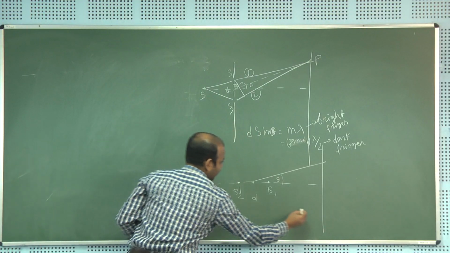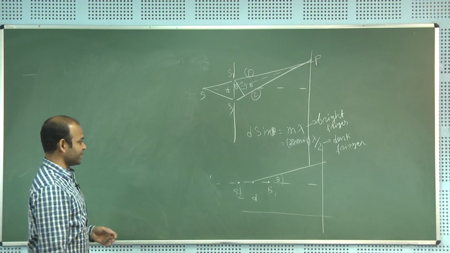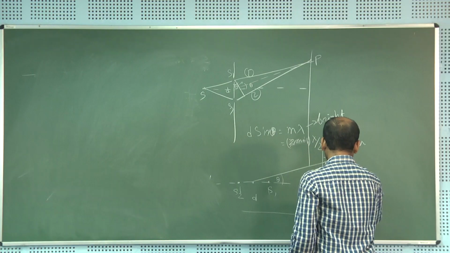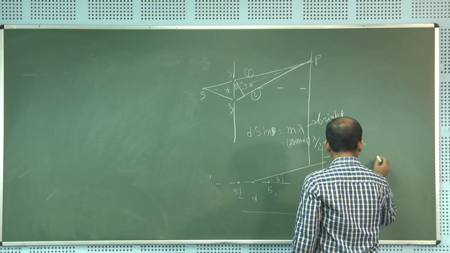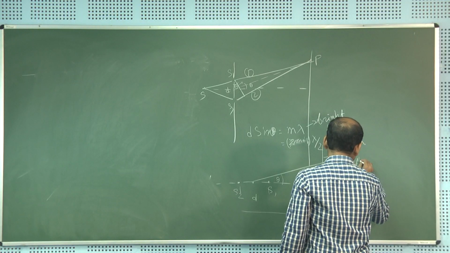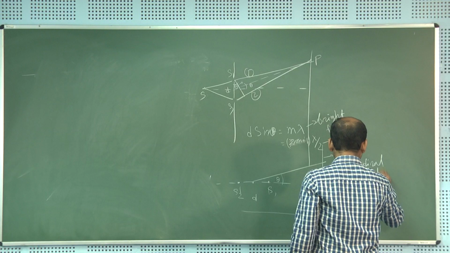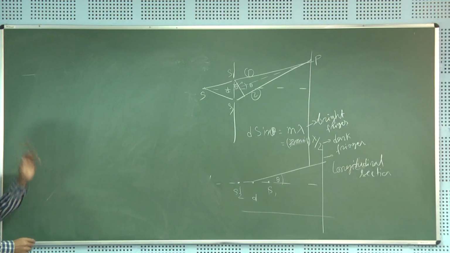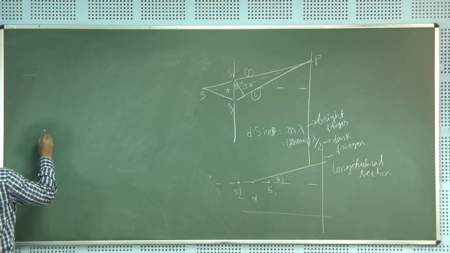Now, in order to get examples of interference with circular fringes or the longitudinal section, we basically design some kind of interference setup where we have, let us say, a point source.